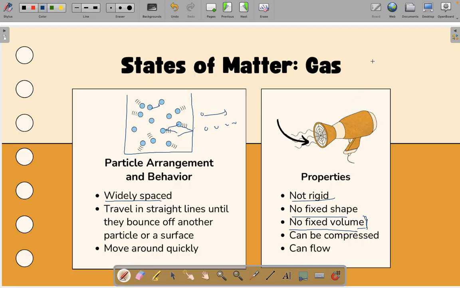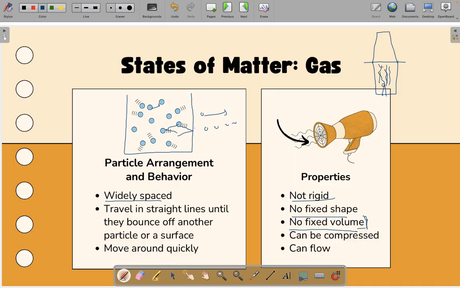Say you have a jar like this, or a glass like this, and you take an incense stick that releases smoke, right? If you store it in this jar, then remove the lid of the jar and bring in another container like this.